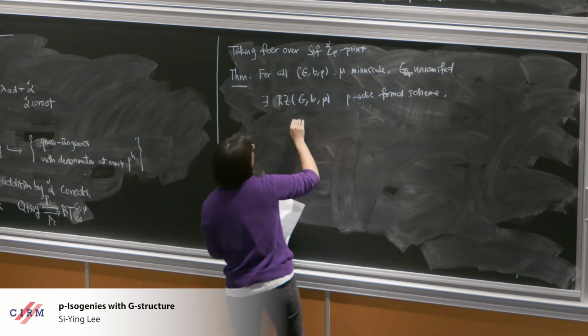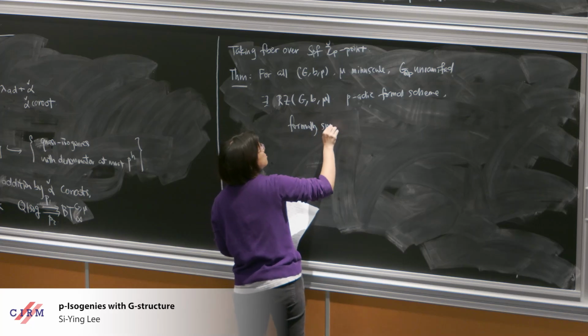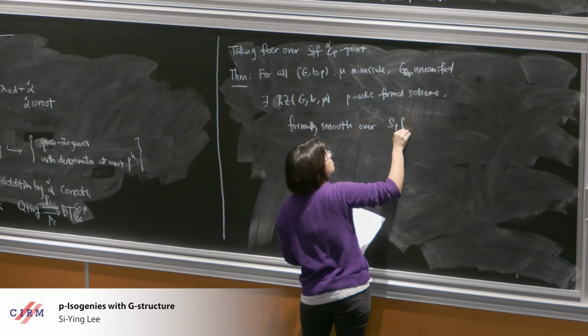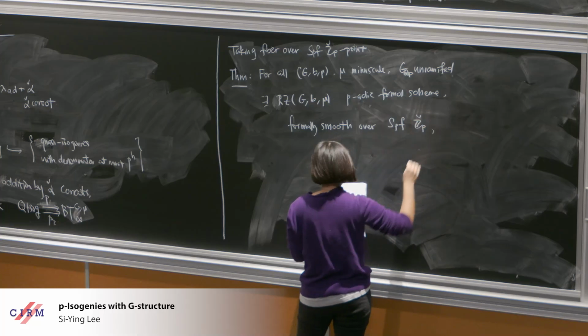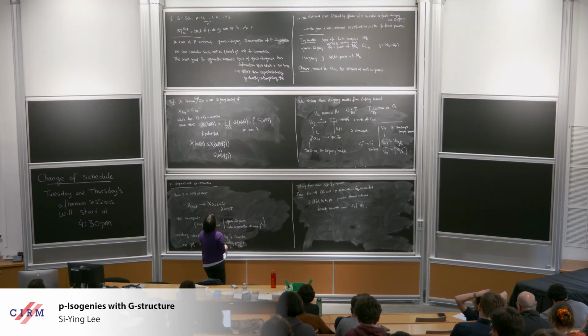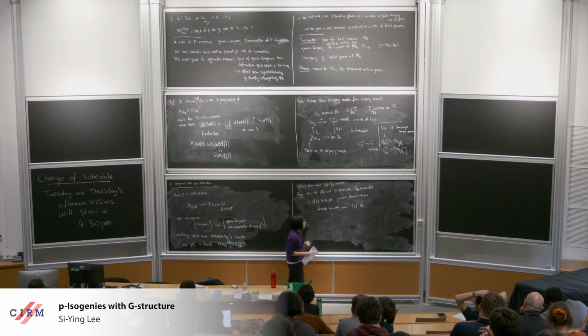It's going to be formally smooth over, and by this formalism of the relationship between this G-μ, these F-gauges and this crystalline realization, you can relate this construction, this F-gauge, to the underlying F-crystal.